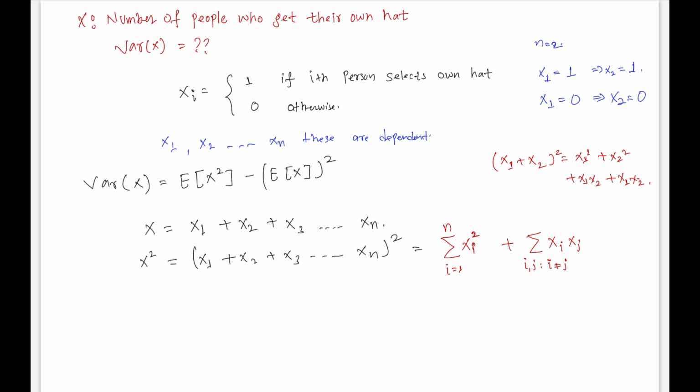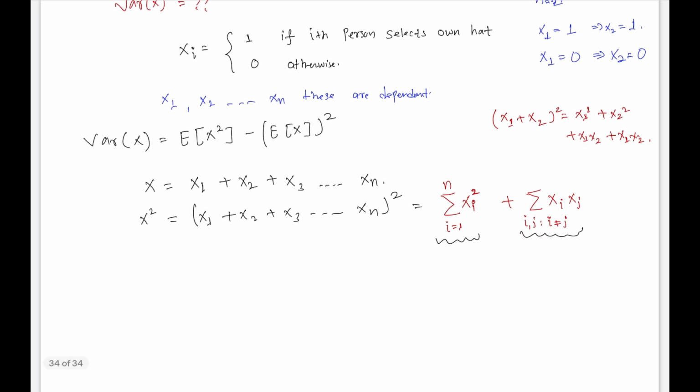And how many such terms will be there, and how many cross terms will be there? We will come to this part because we will need to find how many of these terms and how many cross terms there will be. But let's proceed further. Now we want to find the expectation of this x square.